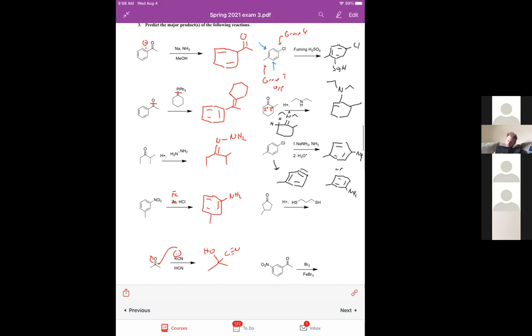Forming a thioacetal. We've got 3 carbons in between our thiols, so it should make a 6-membered ring. So sulfur, sulfur, 1, 2, 3. We've got a group 6 and a group 5. So group 5 is our higher priority.